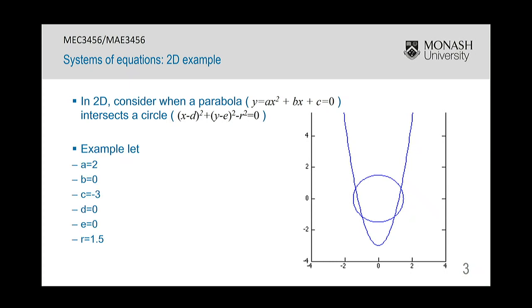We're just going to choose an example where a is 2, b is 0, c is minus 3, d and e are 0, and the radius of the circle is 1.5. So that's plotted in the figure on the right hand side, and for these values of the parameters there are actually 4 points where this parabola is equal to the circle, and that's really what we're trying to find. Those 4 points there.